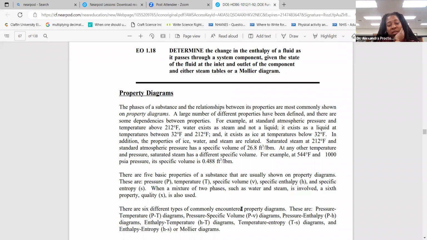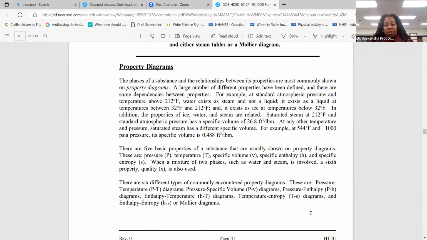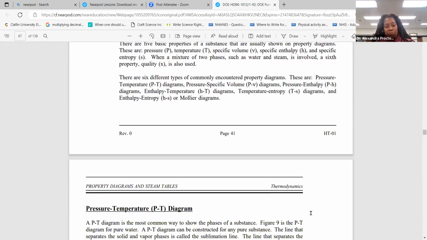So there are 6 different commonly encountered property diagrams. There's the pressure temperature diagram, pressure specific volume diagram, pressure enthalpy diagram, temperature specific volume diagram, temperature entropy diagram, and enthalpy entropy, or the Mollier diagrams.